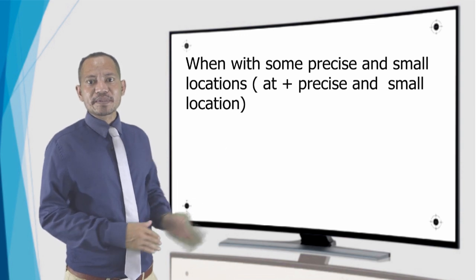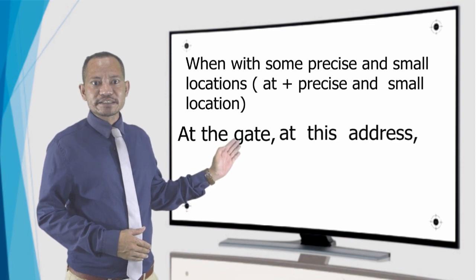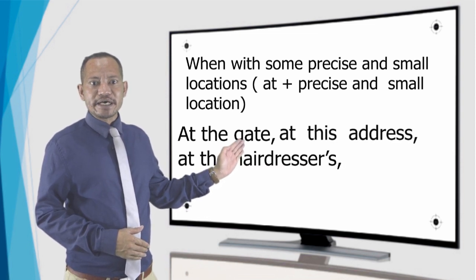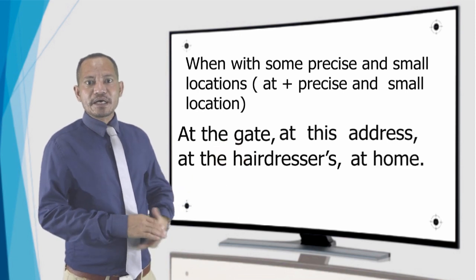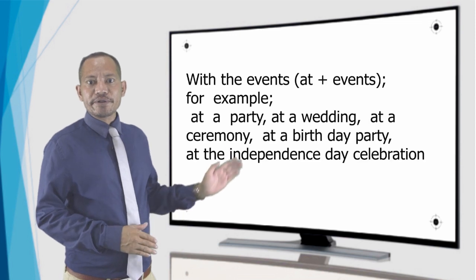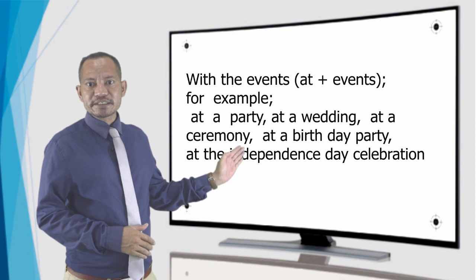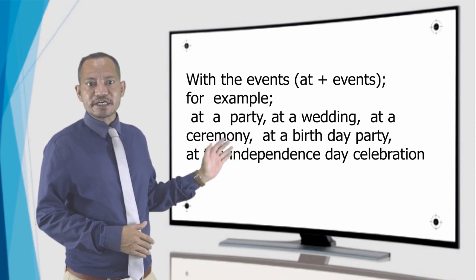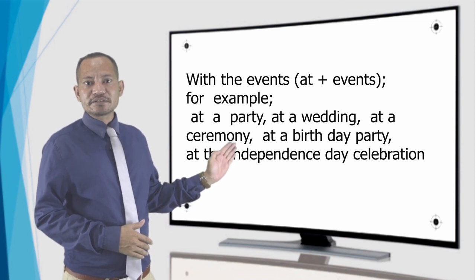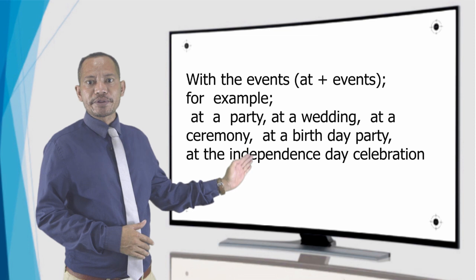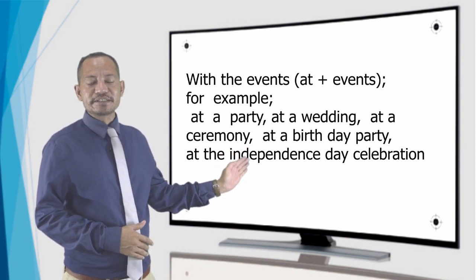They would be at the gate, at this address, at home, etc. And with events, at plus event, so they would be, for example, at a party, at a wedding, at a ceremony, at a birthday party, at the Independence Day celebration, etc.